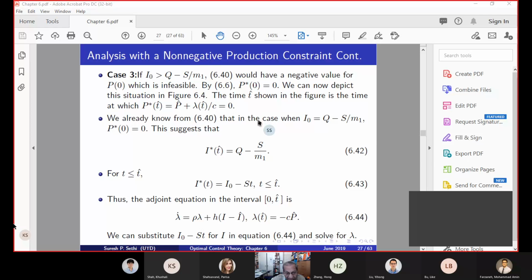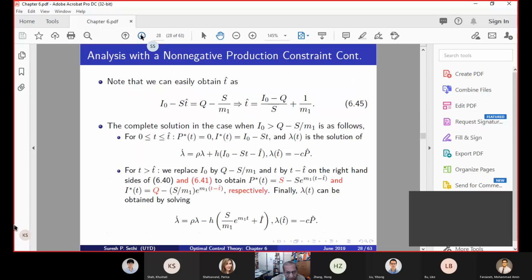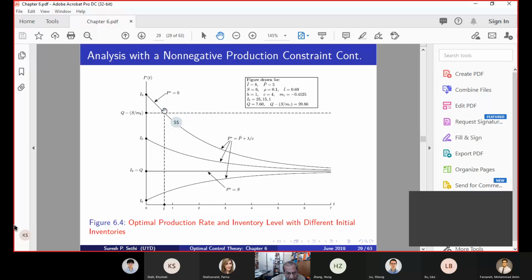So what we are now saying is that it will be 0 all the way up to here. So the P star T hat will exactly be 0. And then it will start increasing. The slope here is exactly going to be minus s of this side and that side.